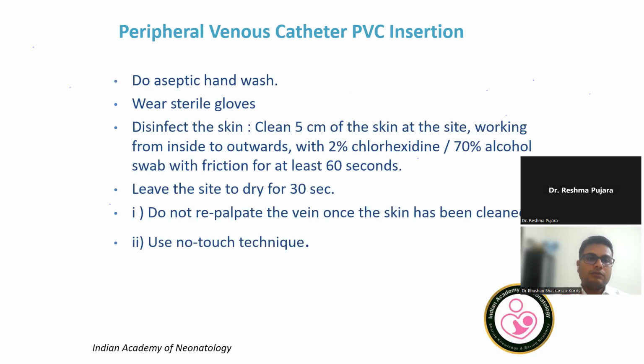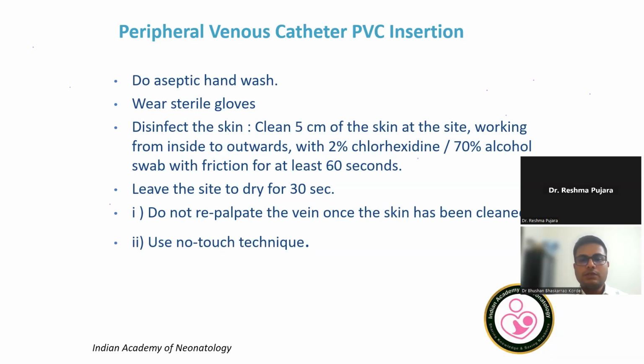How do you prepare for a peripheral venous catheter? Always do an aseptic hand wash, wear sterile clothes, and clean 5 centimeters of skin at the site from inside outward. This is very important: you have to clean from inside to outward, and you should not go back to the same site you have already cleaned with the disinfectant.